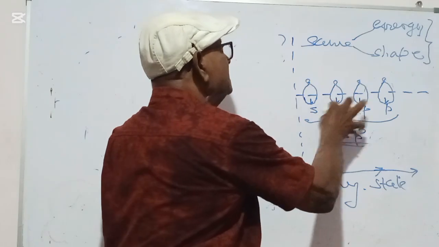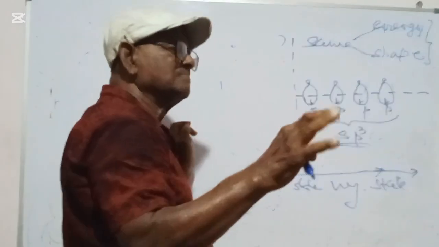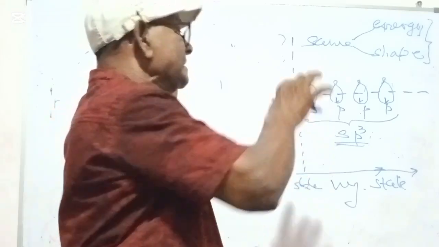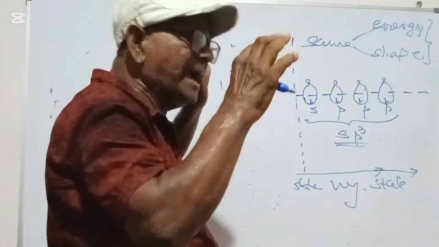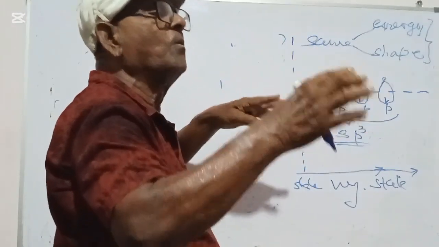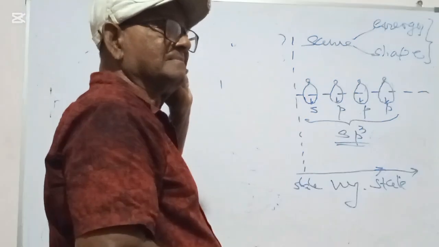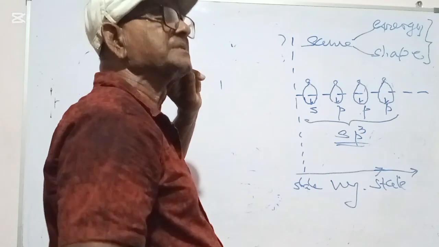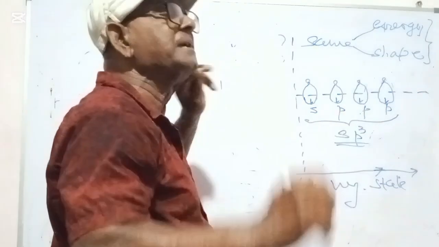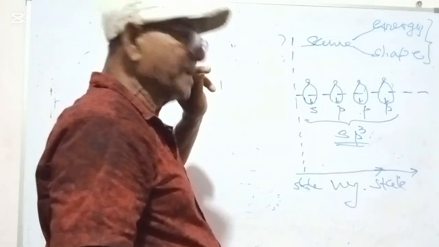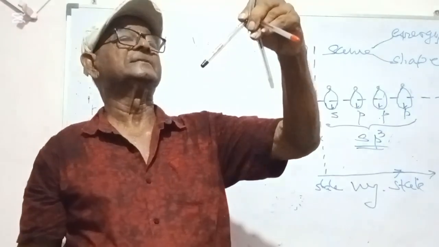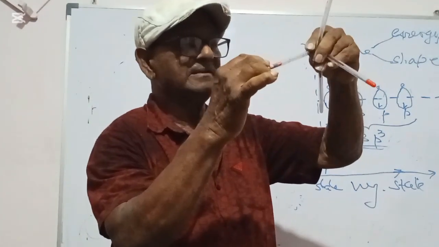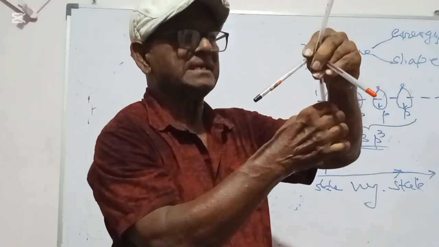All of them have the same ability because they are identical four orbitals. No competition among H atoms because all are the same. Right? This is the arrangement, sp3, four orbitals: 1, 2, 3, 4.